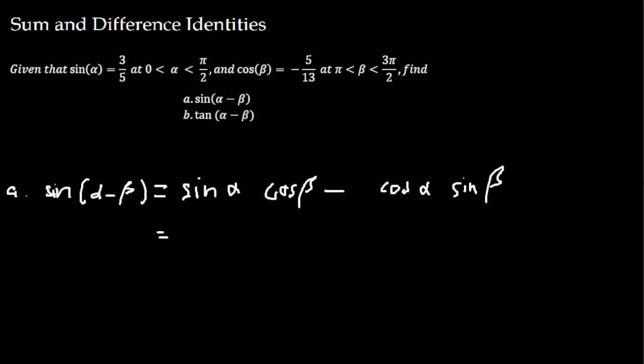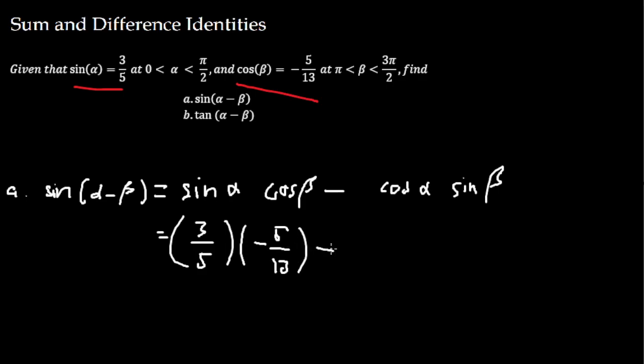So we know that sine alpha is equal to 3 over 5, so we just write 3 over 5, and the cosine of beta is equal to negative 5 over 13, so we just multiply it by negative 5 over 13, minus cosine of alpha multiplied by the sine of beta.